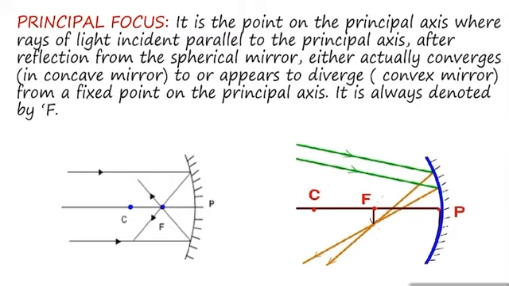Here we are talking about the concave mirror, so you can see these rays are converging at the point F. The principal focus is denoted by capital F.